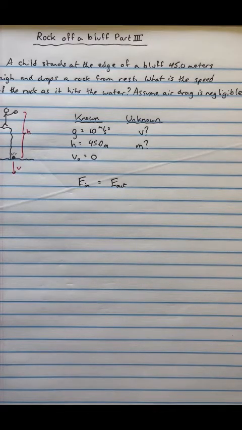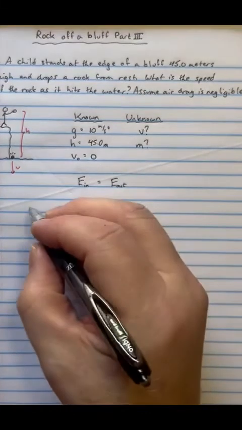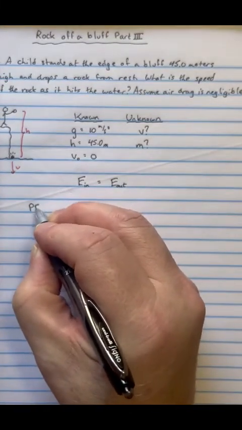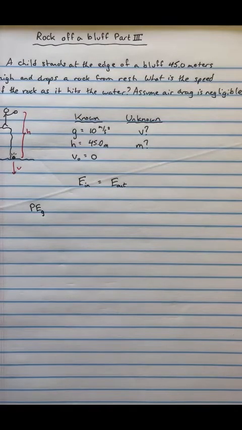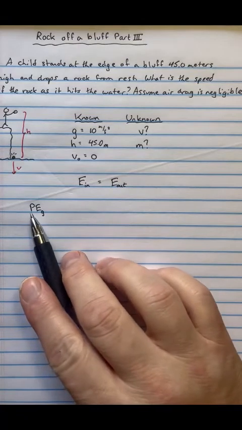Okay, so this begs the next question, and I already hinted at it. If there are different forms of energy, what forms of energy might we have in this particular problem? Well, one kind of energy is called gravitational potential energy. In a lot of textbooks, including the ones that we use at Southern Miss, the potential energy abbreviation is PE.